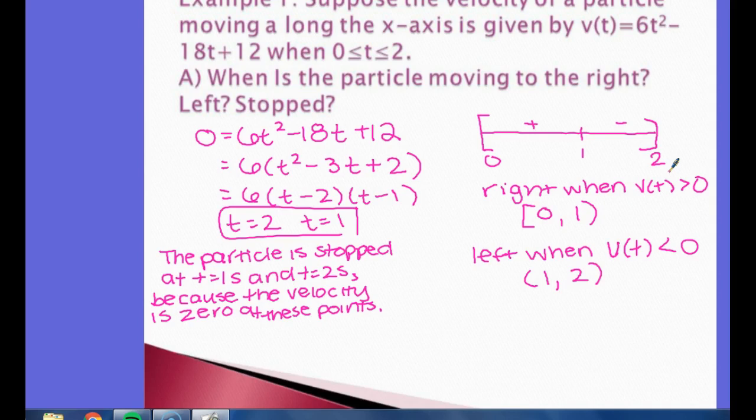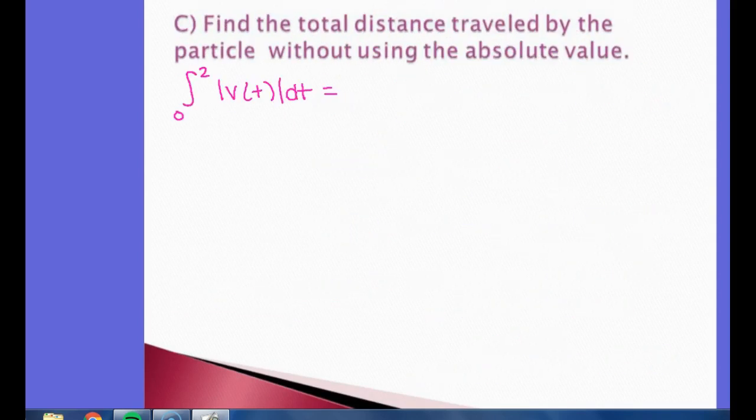Because since velocity was negative and the particle was going backwards, if I want to know how far it went backwards, I need to subtract the minus. Does that make sense? So my distance is going to be the integral from 0 to 1 minus the integral from 1 to 2.